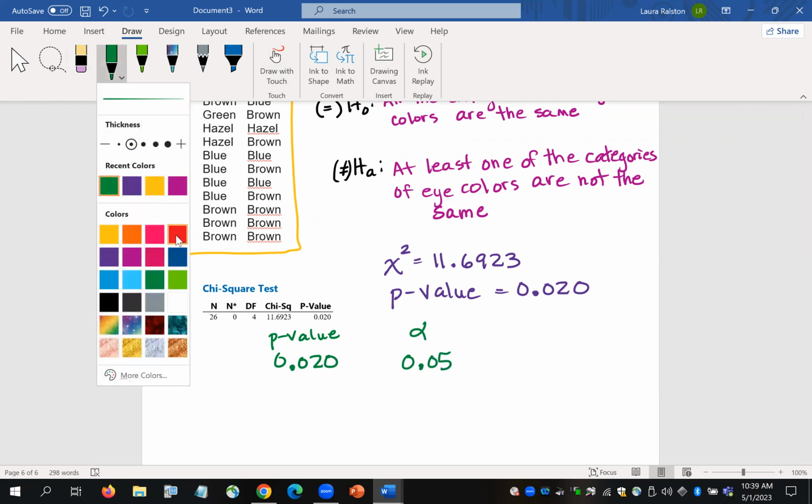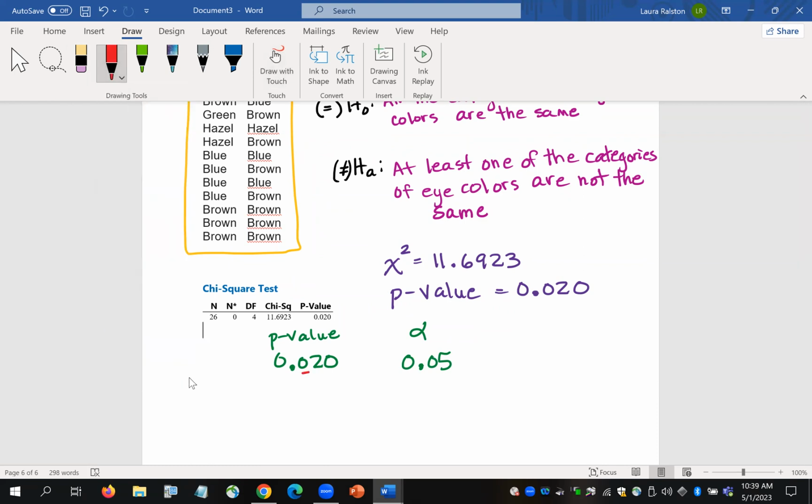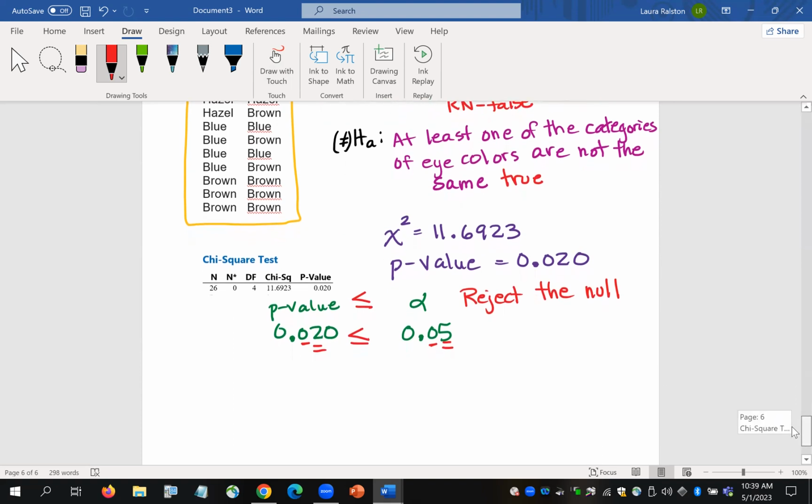If I make that comparison, I have 2 compared to 5. 2 is less than 5, so P is less than or equal to alpha. When P is less than or equal to alpha, we reject the null. If we reject the null, that means the null is false and the alternative is true. So at least one of the categories of eye colors are not the same.